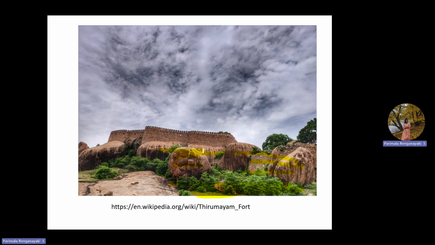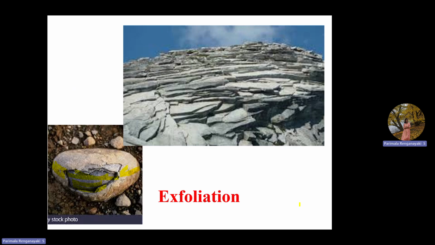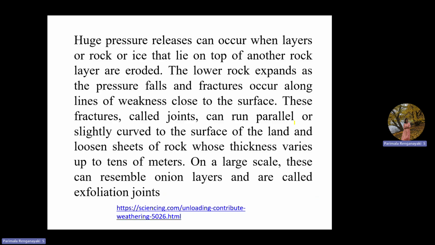Now let us see the theory part. Unloading is the removal of the great weight of rock or ice that lies on the surface. So you can assume this is the surface and these are the great loads which are present.